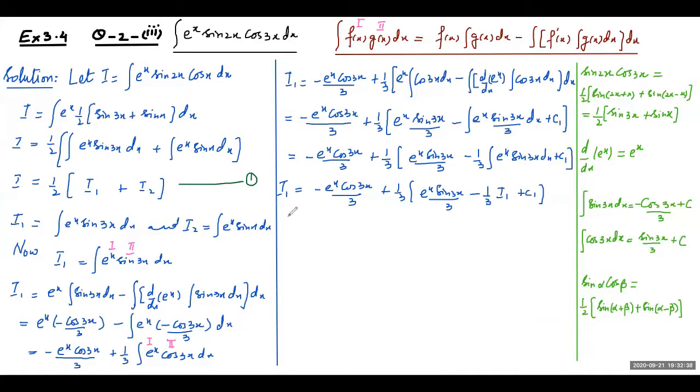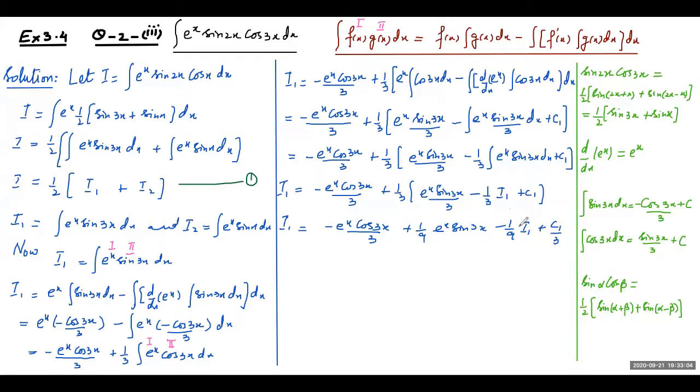Now open up all the brackets and you will get I1 equal to minus e^x cos 3x by 3 plus 1/9 e^x sin 3x minus 1/9 I1 plus C1 by 3.